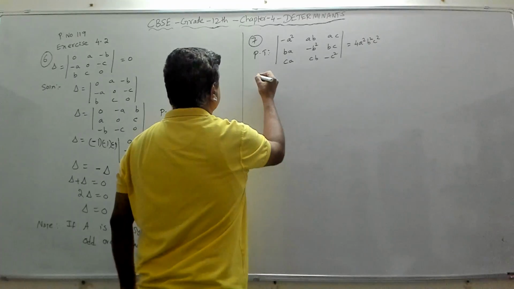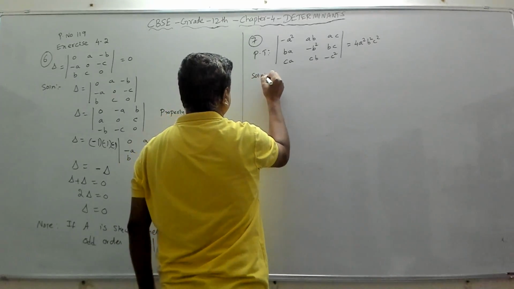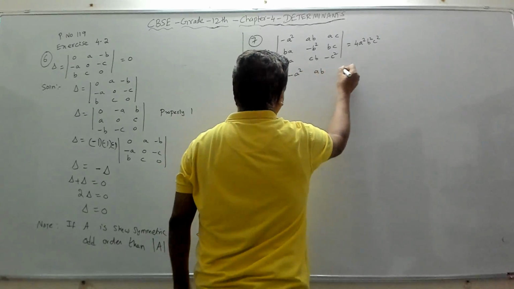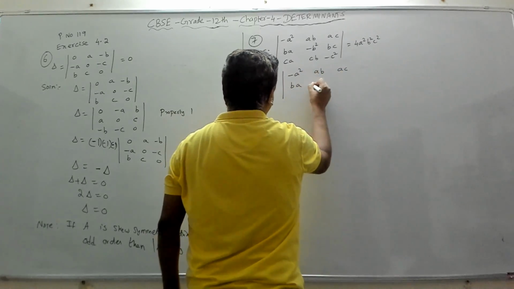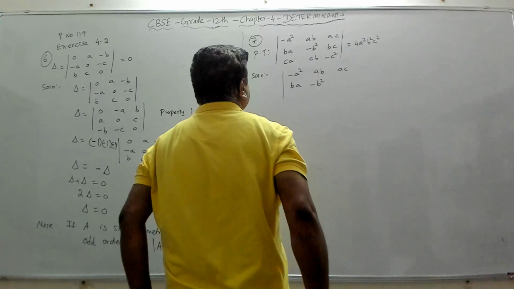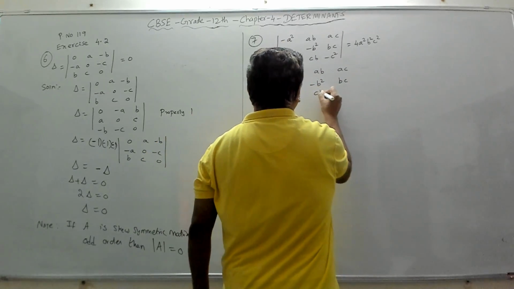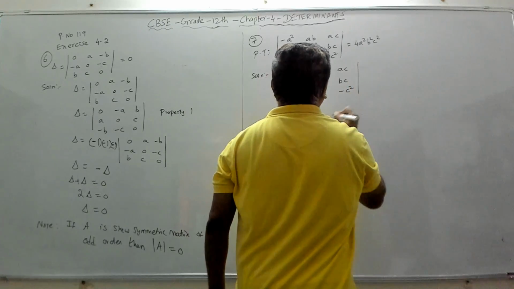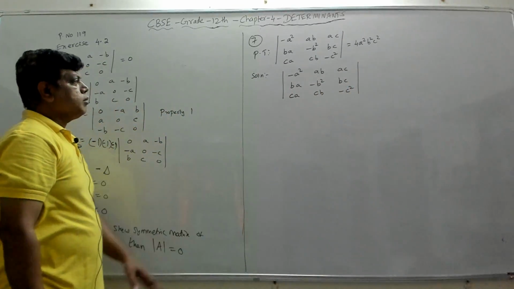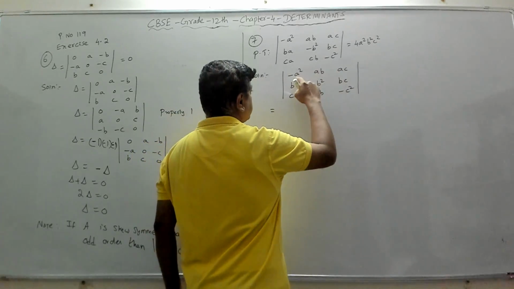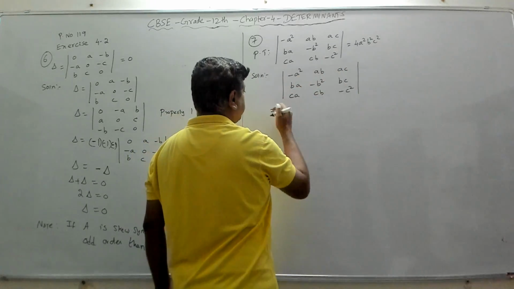So the solution is, let's take this determinant: minus a square, ab, ac; ba, minus b square, bc; ca, cb, minus c square. Now if you observe this determinant again, you see a is present in all the elements of row 1, so it can be taken out.